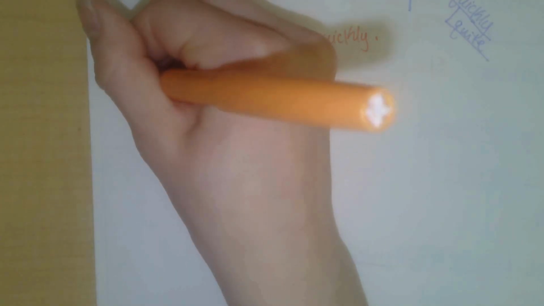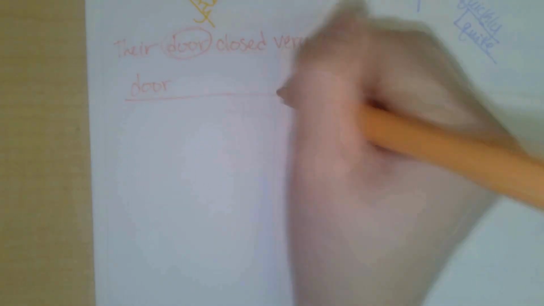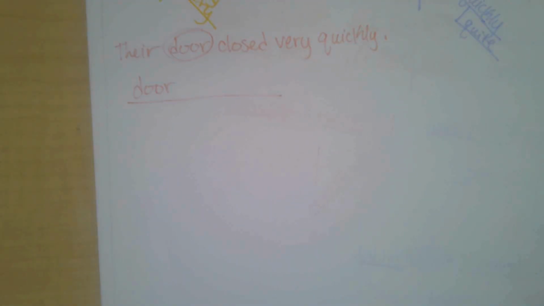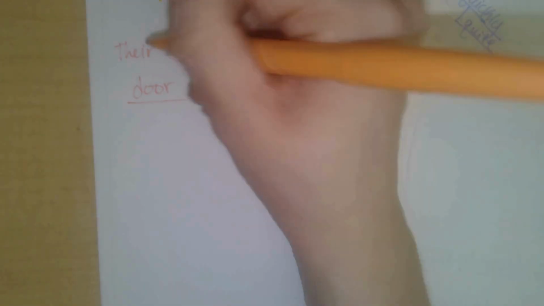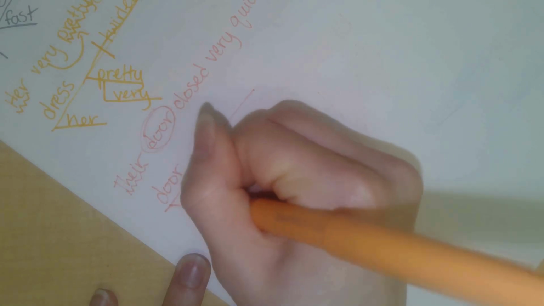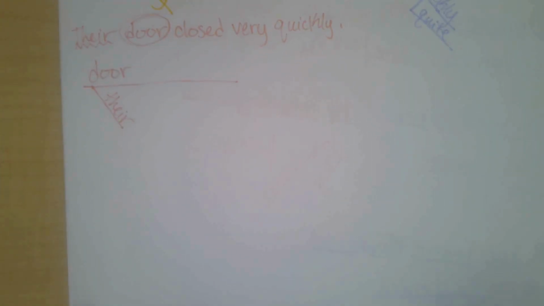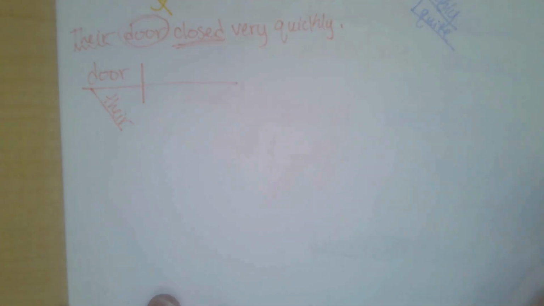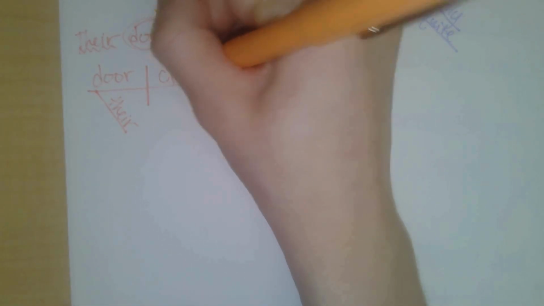The door is the one doing something. That's your subject. And now we have a descriptive word for door because it's not just any door, it's their door. So we need to describe the door is theirs, their door. And then what did the door do? The door closed. So that's our verb.